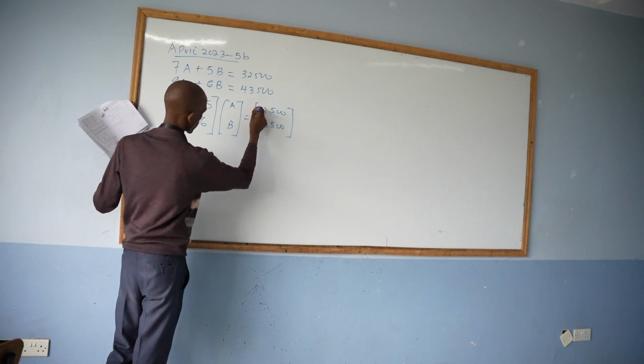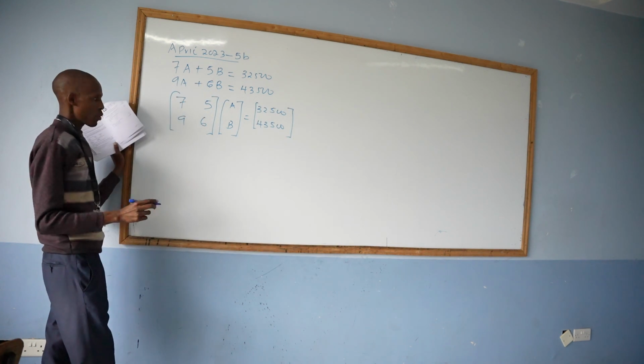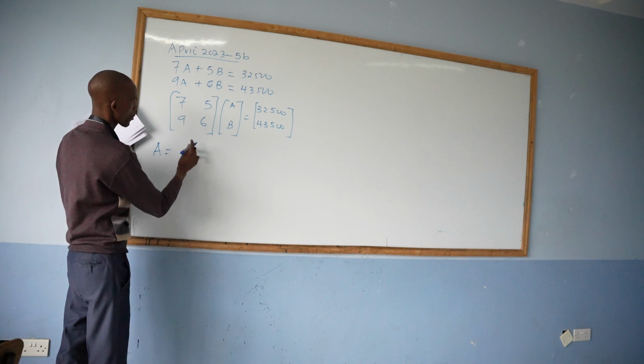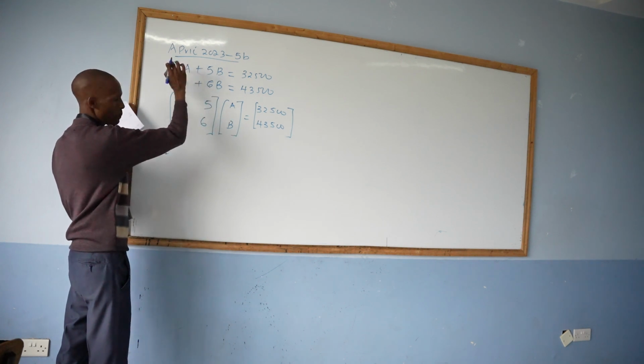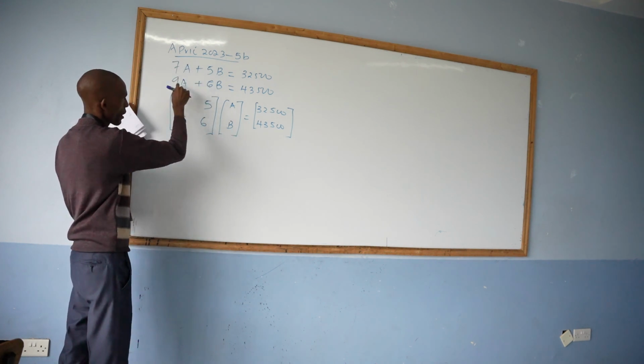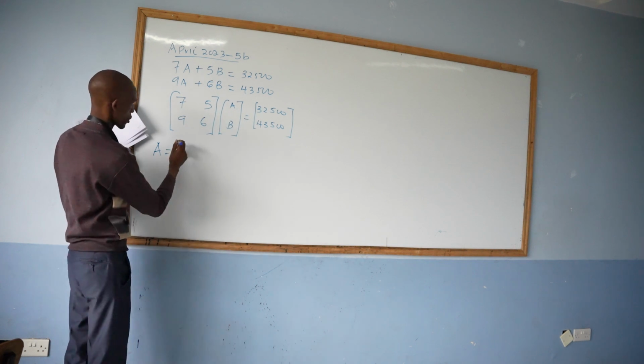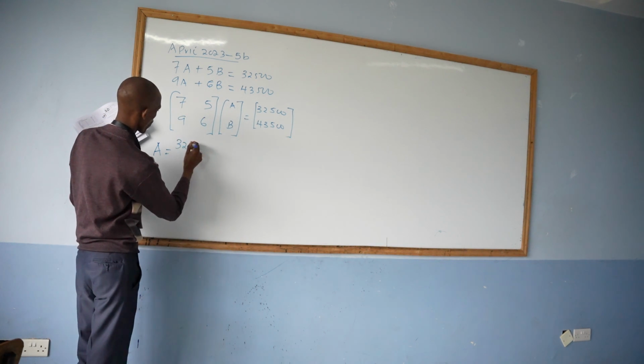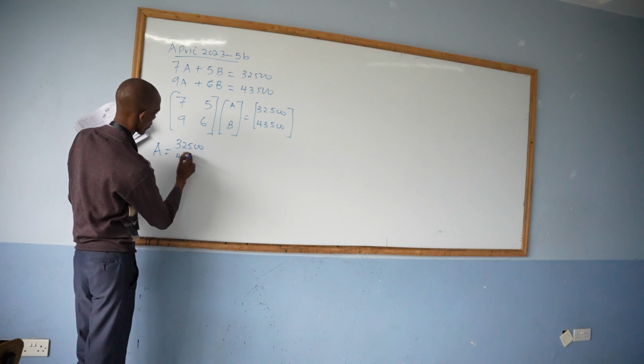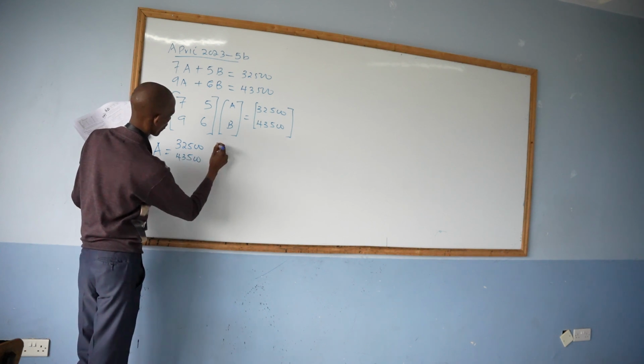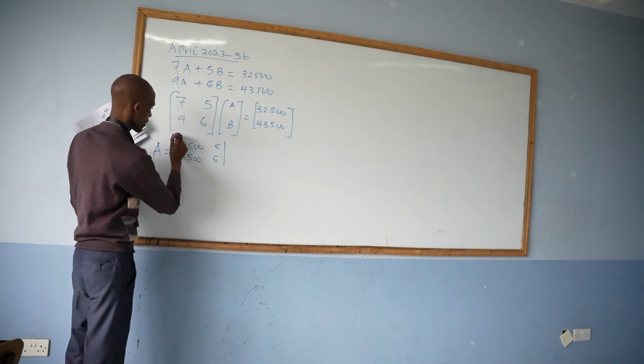This is now in the form of a matrix. To solve for A, we take the 7 and 9, remember A is represented by 7 and 9, and replace them with the solution. So you have 2,500, 43,500, 5, 6.